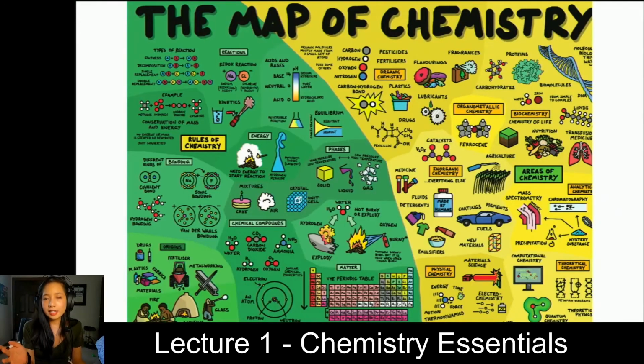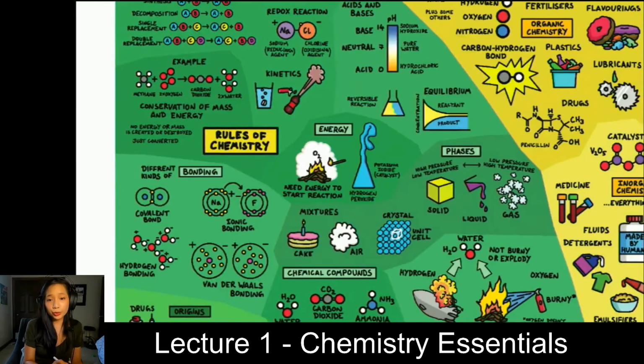So this is the map of chemistry. I really like this picture because it's a really pretty way to represent chemistry in its full glory. On this green side, this is all the rules of chemistry, all the guiding principles that we will learn this semester.